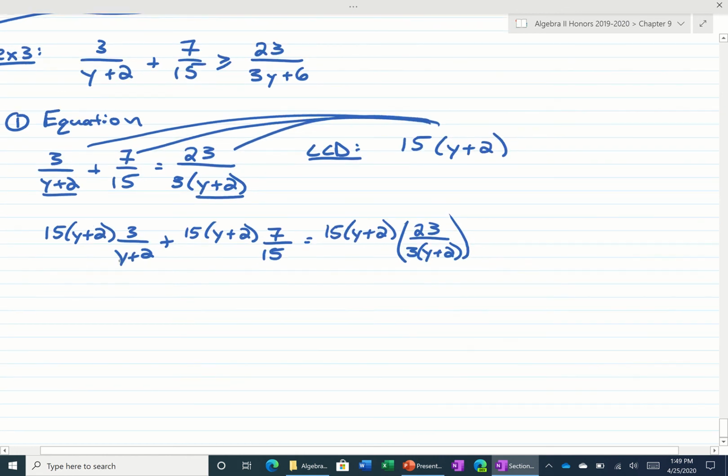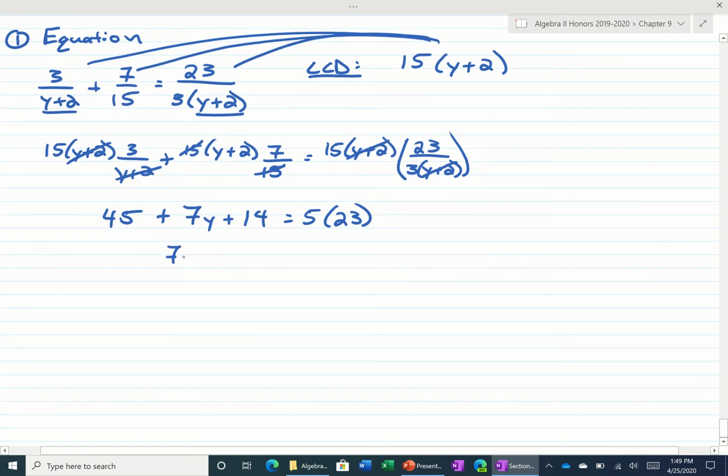Alright, so these cancel, giving us 3 times 15 is 45. These cancel, so 7 times y plus 14 is equal to, these are going to cancel. 15 divided by 3 is 5 times 23.